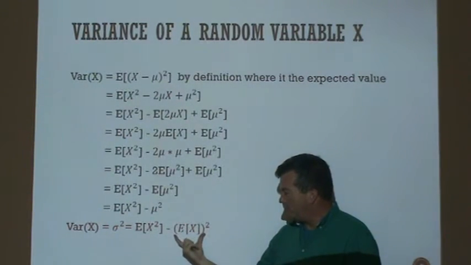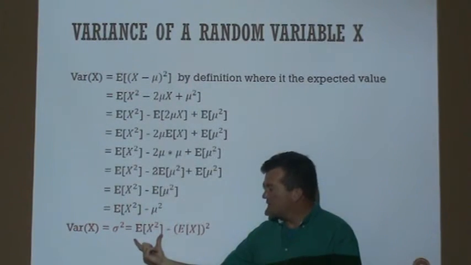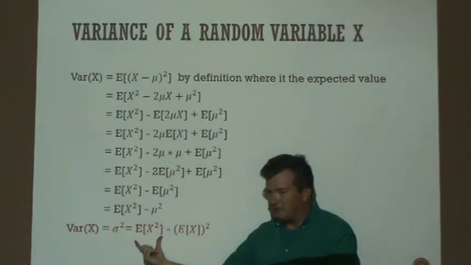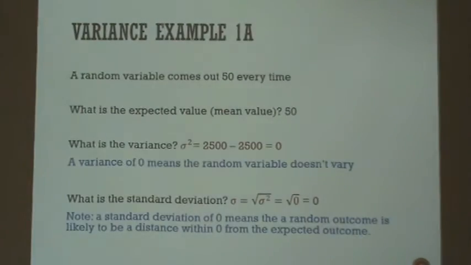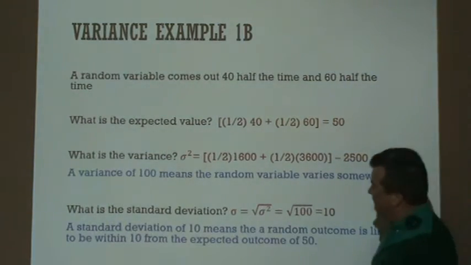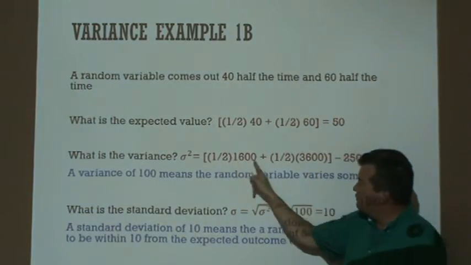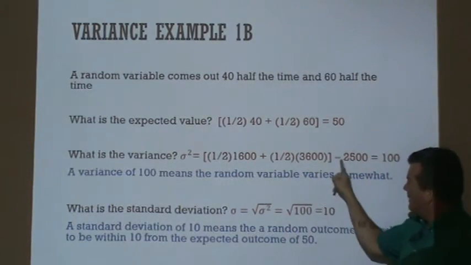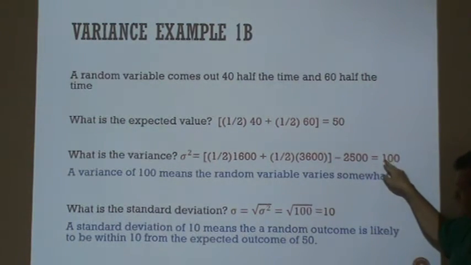So this one would be 1,600 plus 3,600 divided by 2, and that number here is 2,600 minus 2,500. And that being the case leaves us with 100.